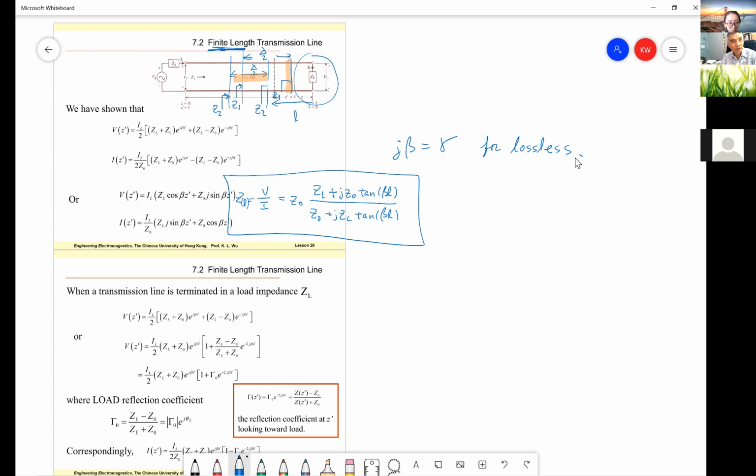This phenomenon, this property, can be easily revealed from this formula.